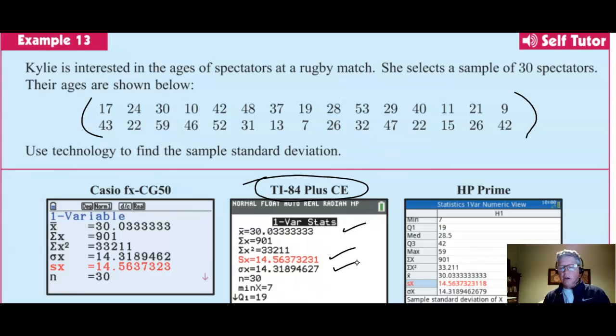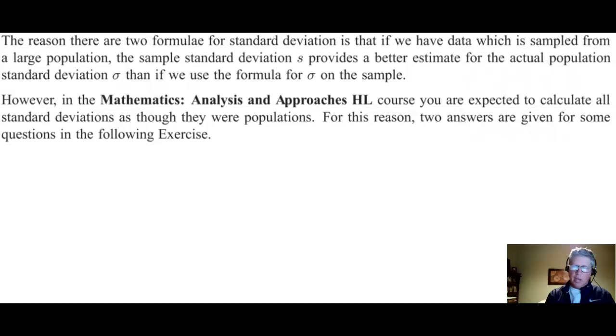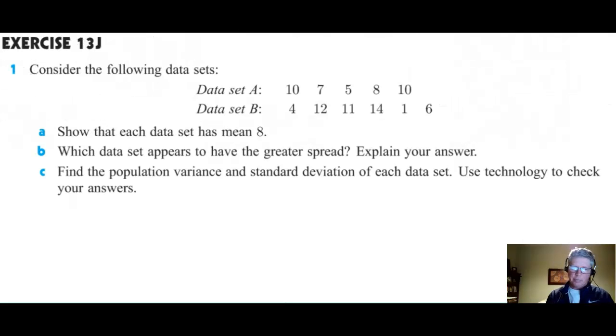I would square the population standard deviation to get the variance. Anybody who's taking IB math, we're going to assume everything's dealing with populations. That sure makes things easy.